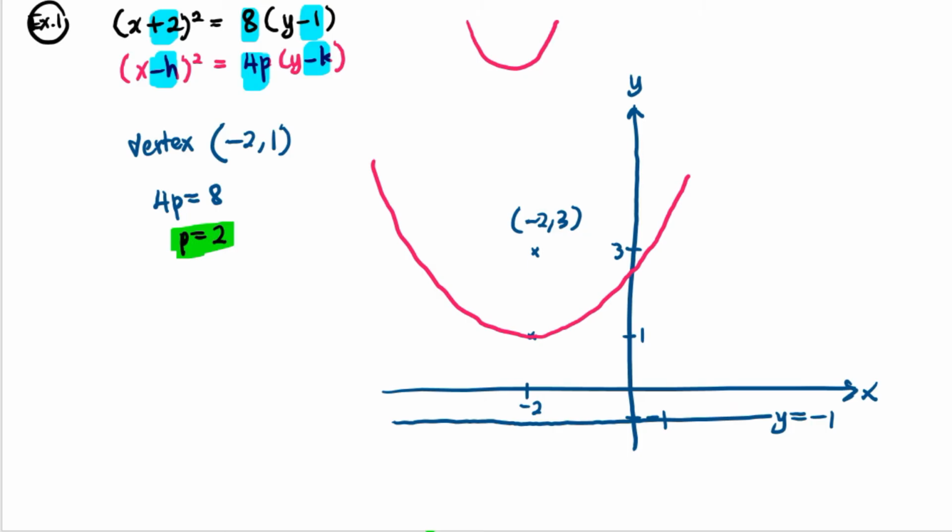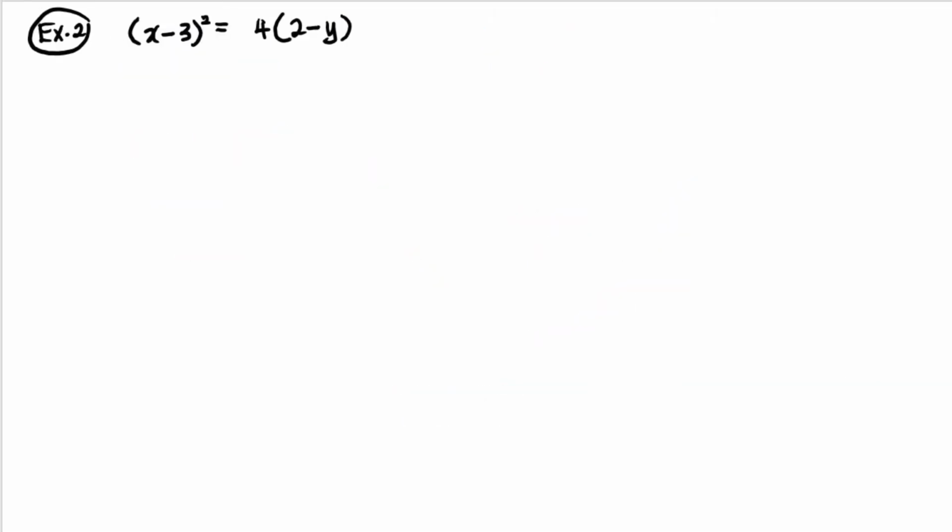Now let's sketch this one. Suppose we have x minus 3 squared equals 4 times 2 minus y. We should write x minus h squared and compare with 4p. This one is actually y minus k, but we have a negative here.